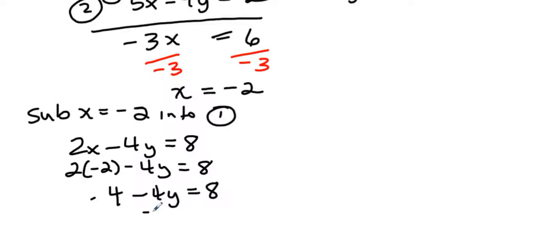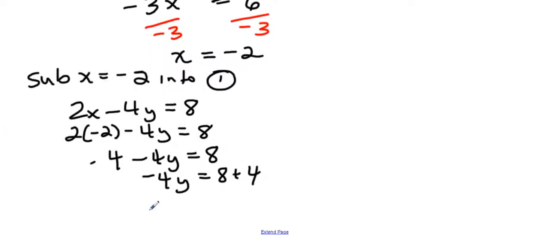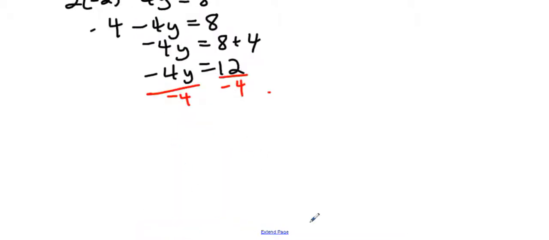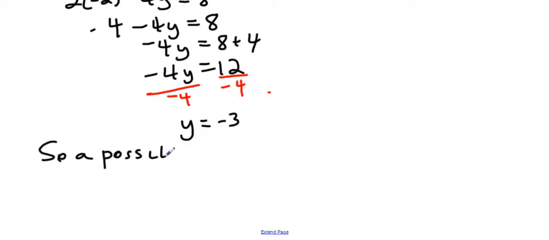Bringing that minus 4 over, we've got minus 4y equals 8 plus 4. Minus 4y equals 12. Dividing both sides through by that minus 4 gives you y equals negative 3. So a possible solution is minus 2, minus 3.